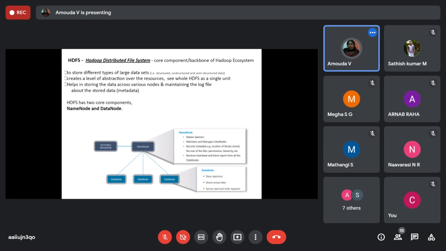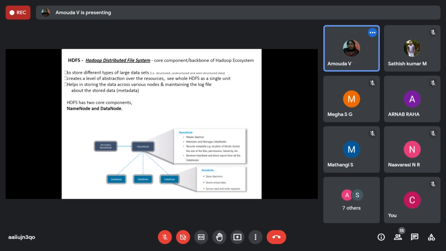Whatever physical storage, programming or backend or front end is used, you don't know anything; you just access the data. When every piece of information about the architecture is hidden, we say it is abstraction. That principle is used in Hadoop. They hide everything and give you only the resource to analyze.